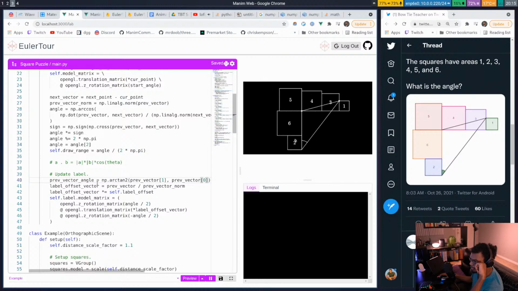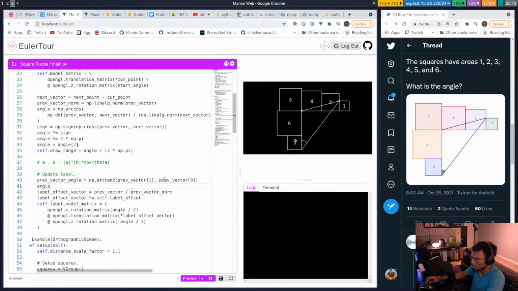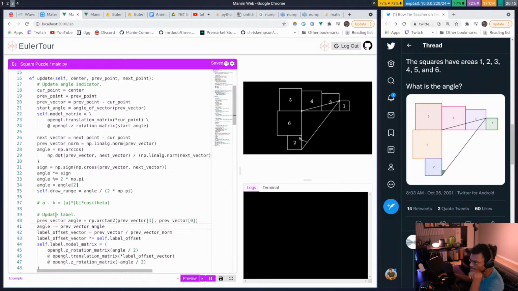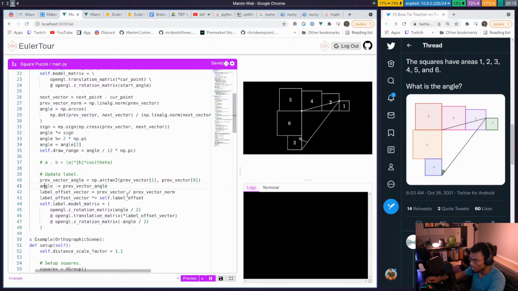I think I want angle minus equals that. So close. The angle's the angle between these two. So we call label rotation.